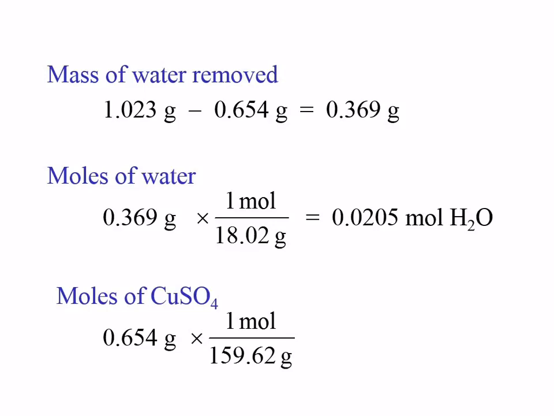But we need the flipped version of it because we need grams to cancel, to be left with units of moles. I'm in 3 sig figs again. I got 2 leading zeros and a trailing 0 after the decimal. So 3 sig figs, 0.00410.